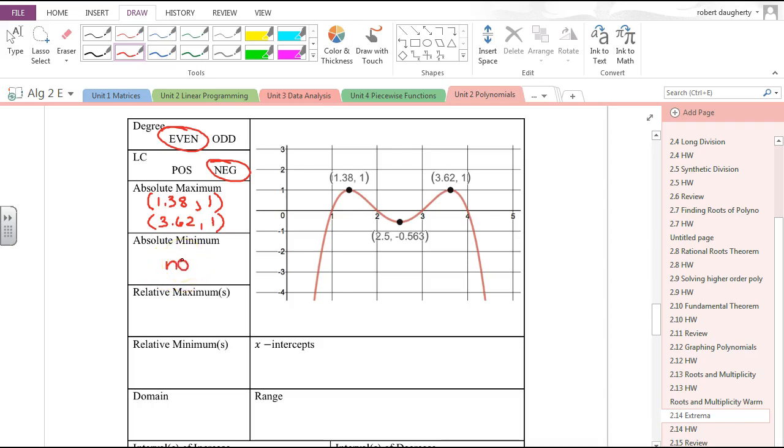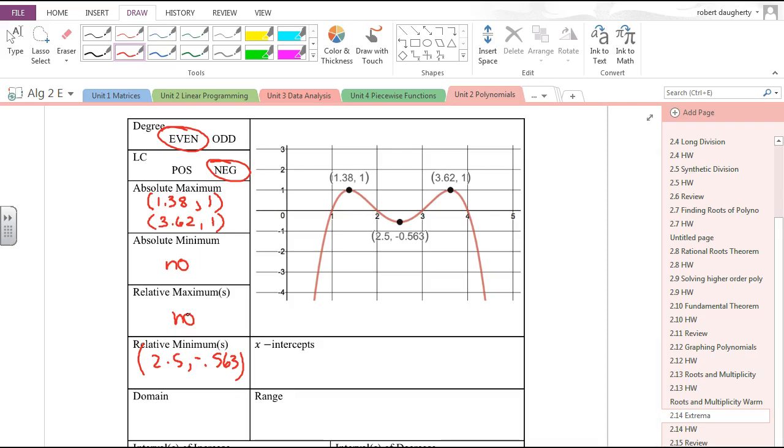So I've dealt with both of my absolutes. If I see any other max or min, it has to be what kind? Relative. So I've got this taken care of, this taken care of. This is a relative what? Minimum. So there's a relative minimum at 2.5, negative 0.563. There is no relative maximum there.